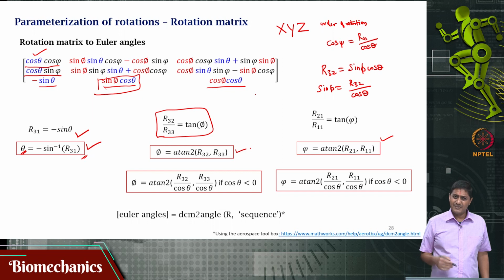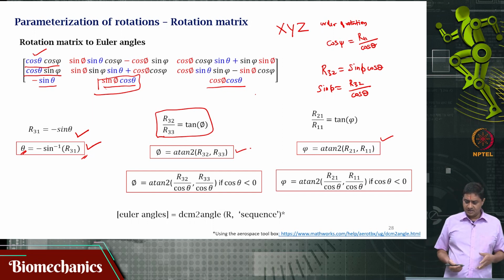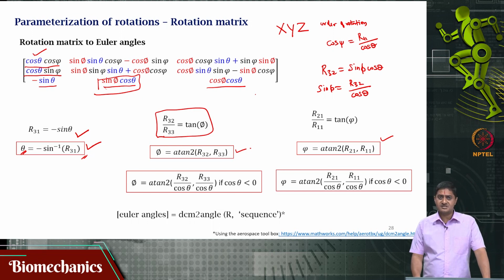This is using a manual method or an algorithm. If you have the Aerospace Toolbox in MATLAB, by the way, this is not a default toolbox that comes with MATLAB, then converting from the rotation matrix to Euler angles is done with DCM to angle of the rotation matrix.